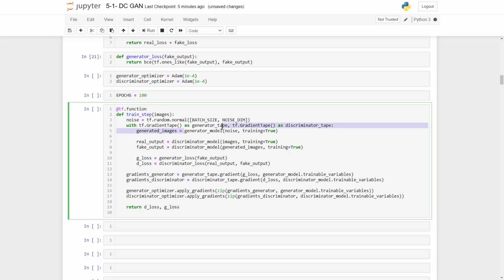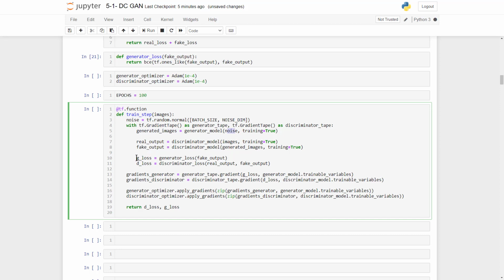We have the generator model, and once we generate this image, we have actually created the fake images. So we have the real output, which is produced when the real images pass through the discriminator model, while the generated images coming from the noise pass through the discriminator model, producing the fake output.